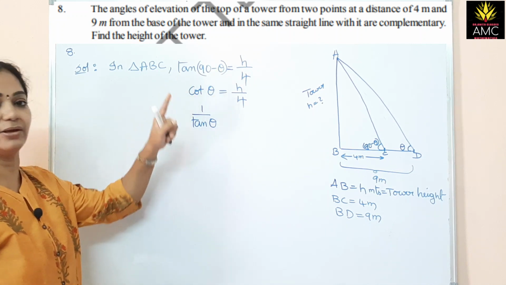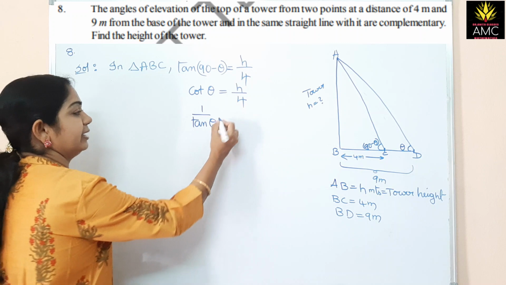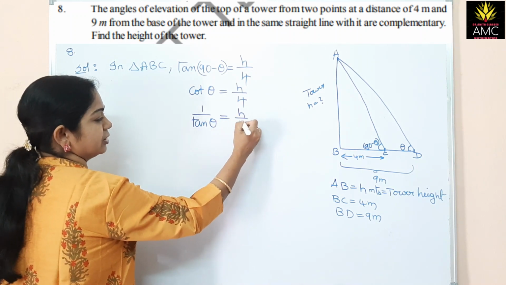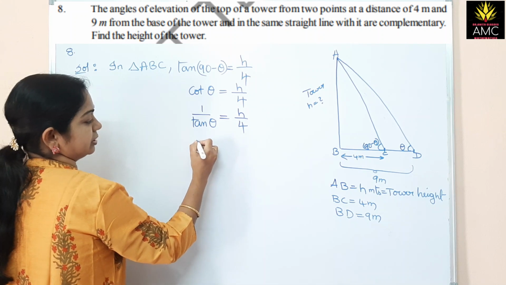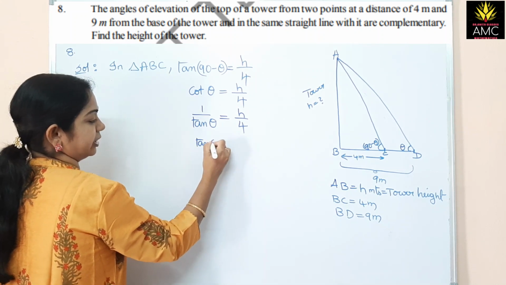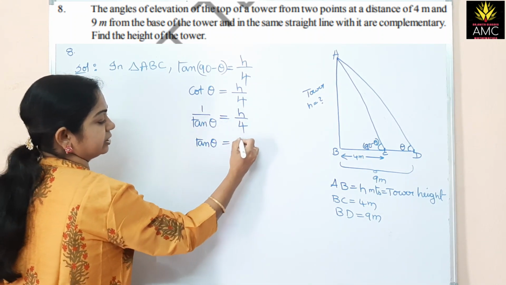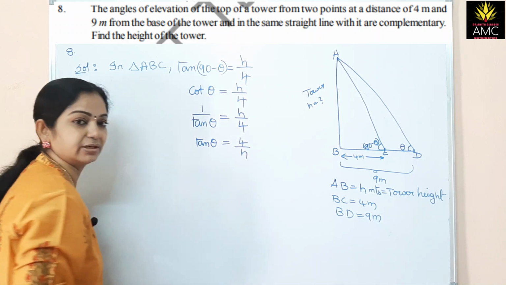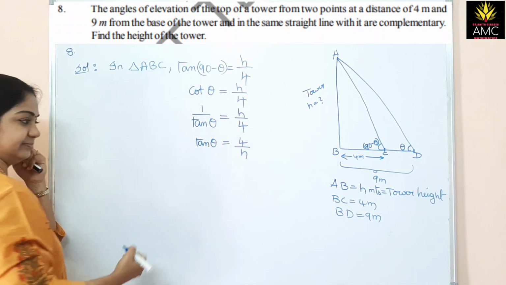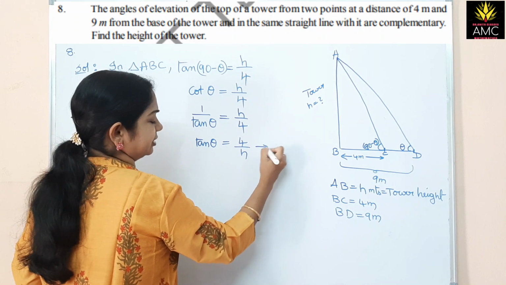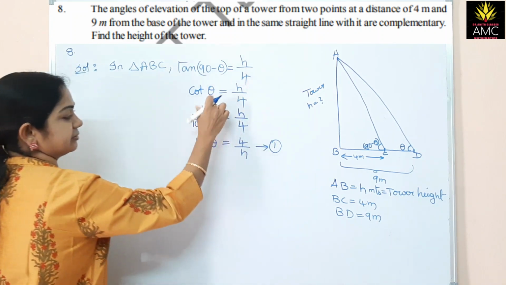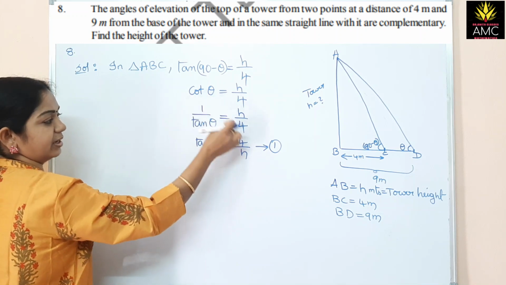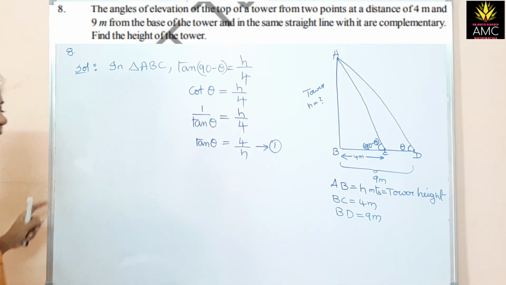Again for cot theta I wrote the multiplicative inverse, 1 by tan theta, which equals h by 4. Now just cross multiply. So that comes to tan theta equals 4 by h. Reversing both sides, tan theta is 4 by h. Let this be equation 1.